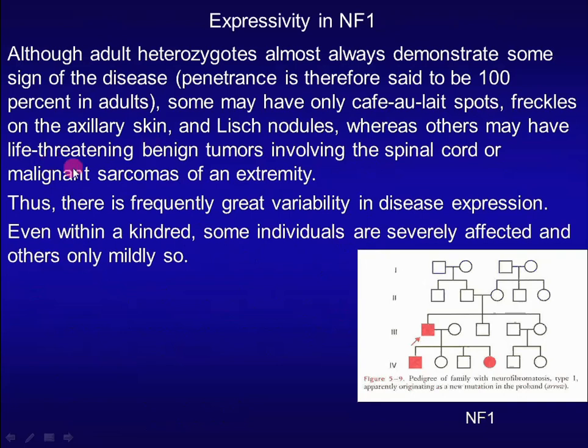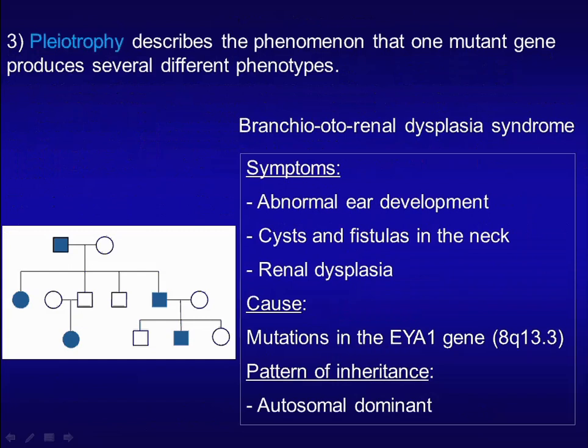Others may have tumors in the spinal cord. Pleiotropy refers to the phenomenon that one mutant gene produces several different phenotypes. For example, mutation in the EYA1 gene causes abnormal ear development. It also causes cysts in the neck and renal dysplasia.